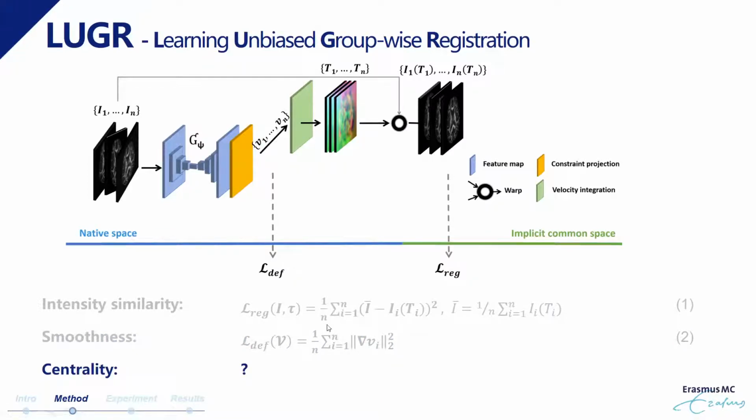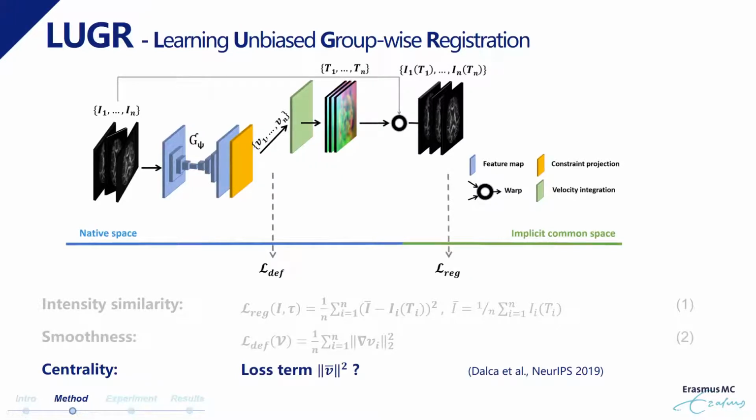Now, with the similarity and smoothness terms, input images are being aligned in a certain implicit space. But there actually can be infinitely many spaces that fulfill equation 1. How can we make sure the estimated space is in the mean space of the group? Or in other words, how can we apply the constraint of geometric centrality?